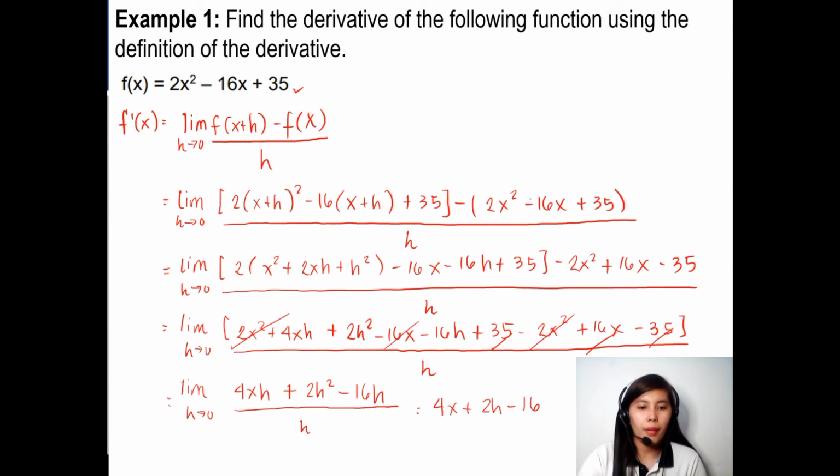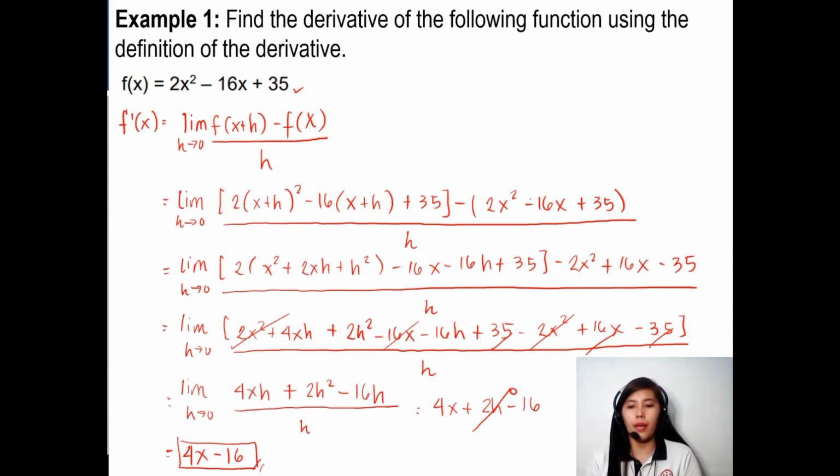Then, applying the limit as h approaches 0, the 2h term will be 0 because 2 times 0 is 0. Therefore, our answer would be 4x minus 16. So that is the derivative of our given function.